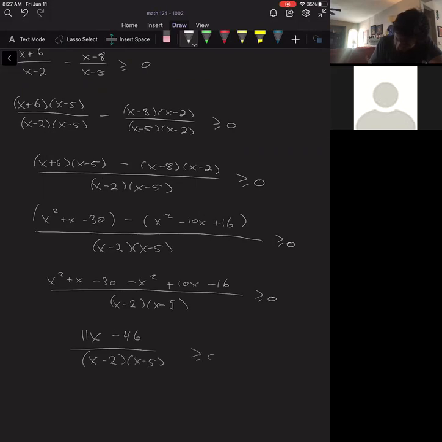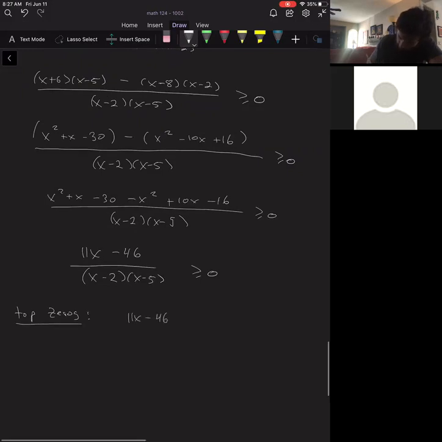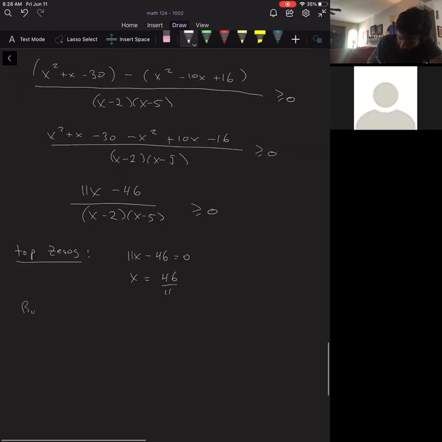That's bigger than or equal to 0. So now we can find our top zeros easily. So our top zero, 11x minus 46, is x equal to 46 over 11. And our bottom zeros, x minus 2 times x minus 5 is equal to 0. So here we get x is equal to 2 and x is equal to 5.